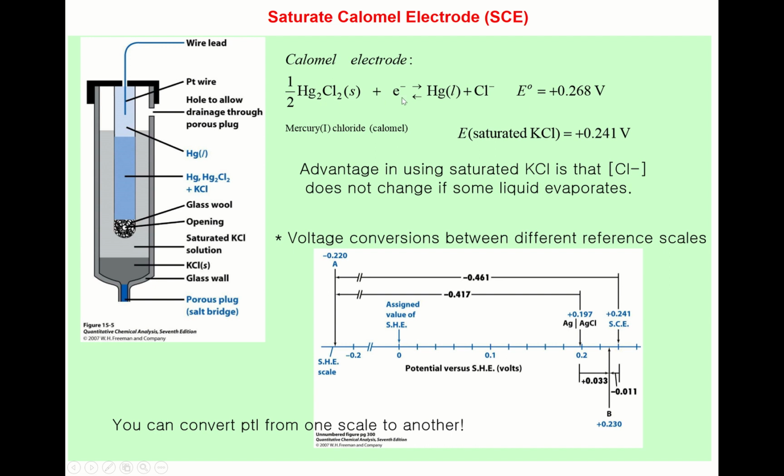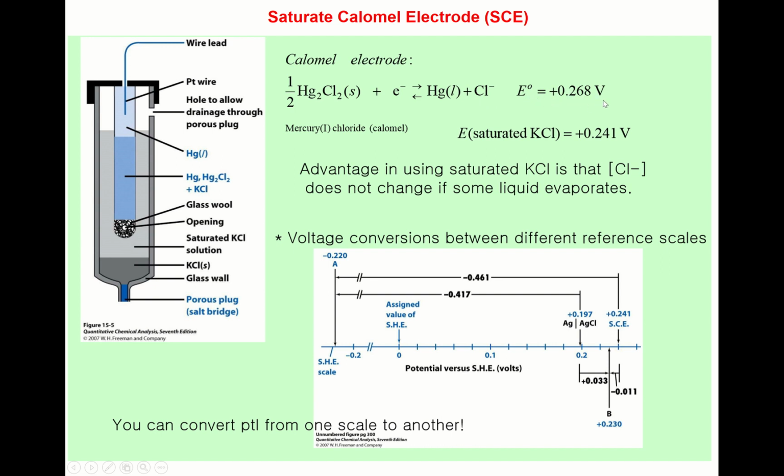It accepts one electron and becomes liquid mercury and chloride ion. Under the standard condition, which means 1 molar chloride ion, the E0 value is 0.268 volts.